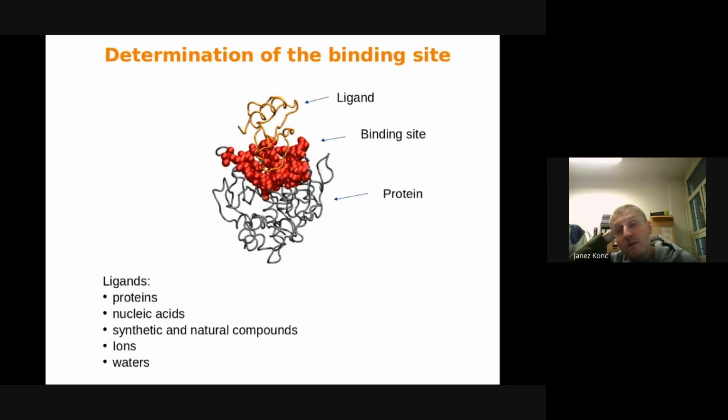One other very important component that we need in order to do structure-based virtual screening is that we have to determine binding sites on proteins. So what is a binding site? Here, a protein is shown as this gray ribbon, and another protein as a yellow ribbon, and a binding site is a place where these two proteins come together and bind onto each other.